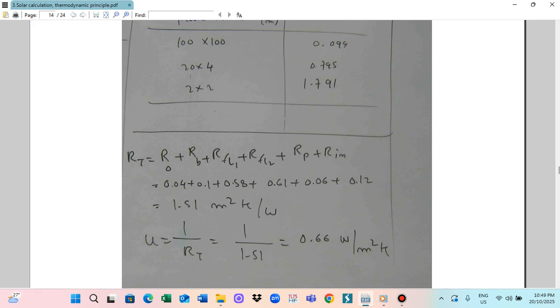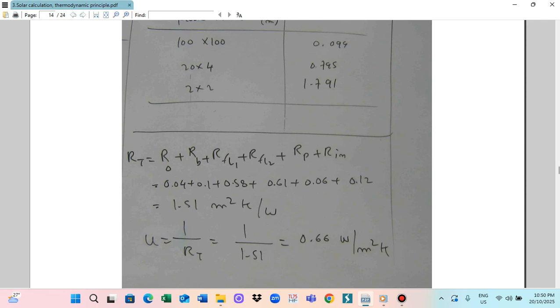You can also calculate the R plaster, RP. This is dP divided by KP. dP is the plaster thickness, which is already given as 10 millimeter, so 10 into 10 to the power minus 3.